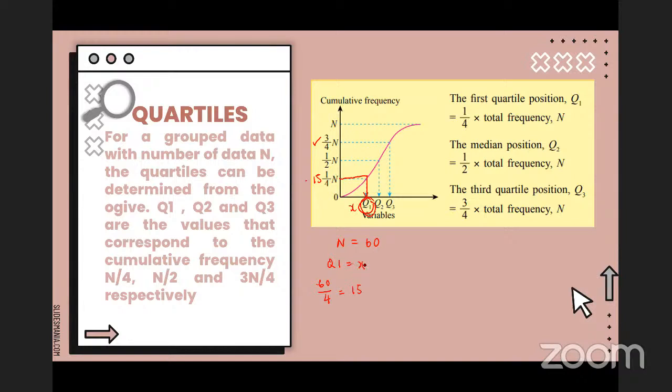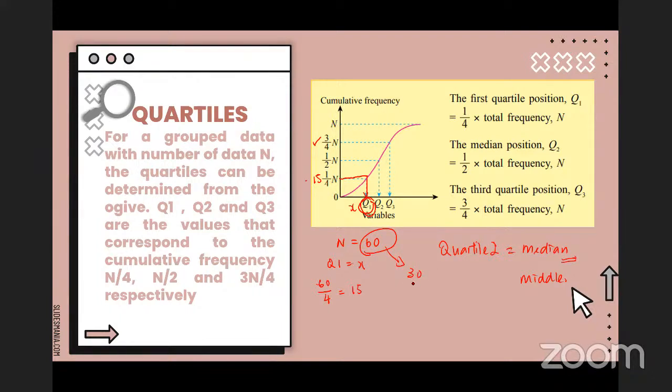And the same goes for the others. There's one thing you have to note here, that is quartile 2 is actually equal to the median. So if the question asks for the median, it means it is finding the quartile 2, because median means in the middle, right? So in the middle, it should be 30.